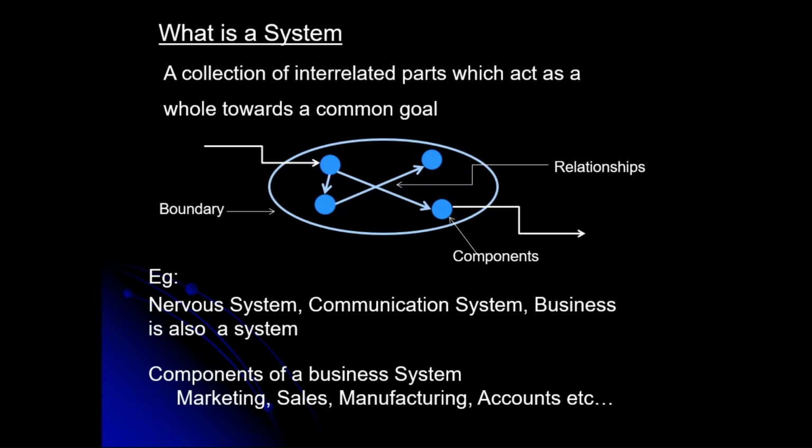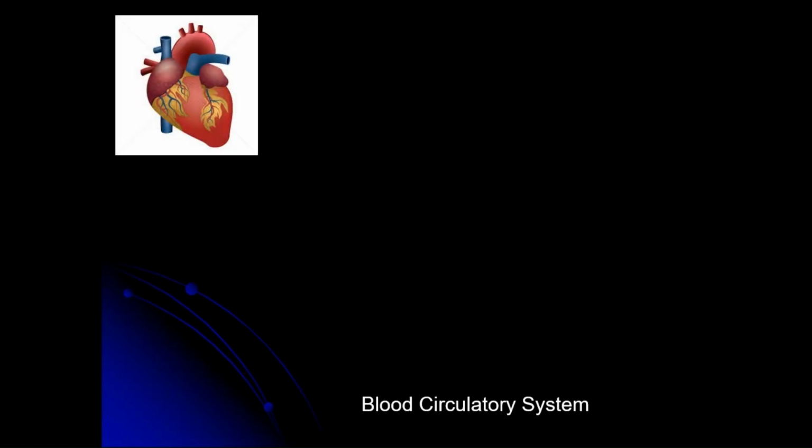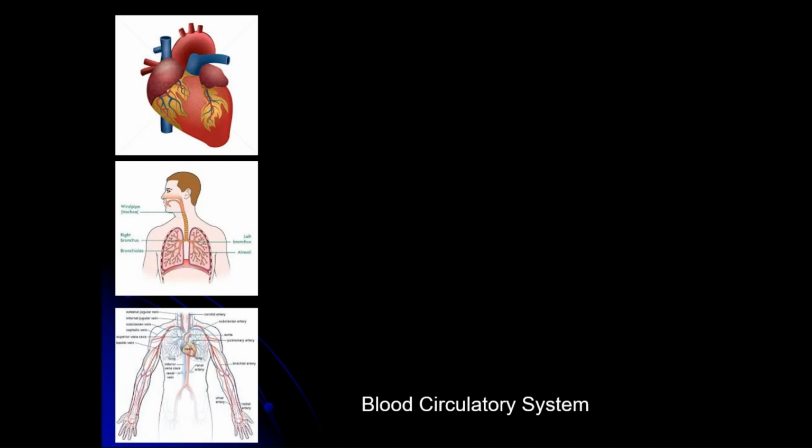Right? So let me explain the term system with one very common system that is available with every one of us, which is the blood circulatory system. Now if you consider the blood circulatory system, there are mainly 3 components: heart, lungs and blood vessels.